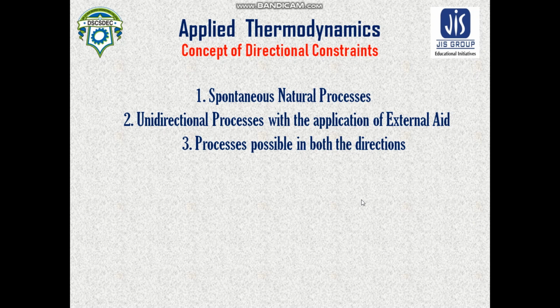Now, what happens if you take this discussion a little further and consider some different thermodynamic processes where we are always implying an external agency? That means we are talking about those processes where the process itself is occurring with the help of some external effects.